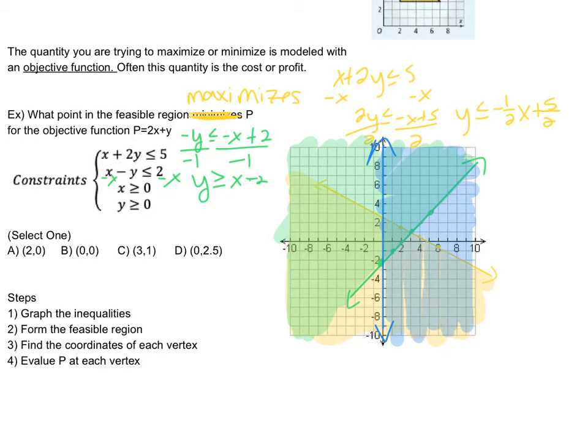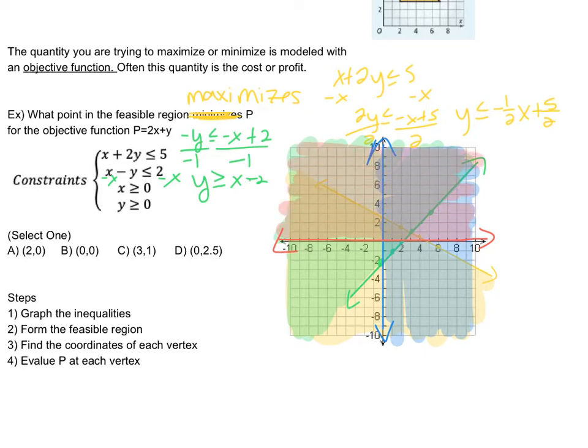Told you it's going to be looking crazy. Last one. y is greater than or equal to 0, that is the x-axis. So let me try that again. And then let's go ahead and shade above because it's y is greater than, so we're going to be shading above.